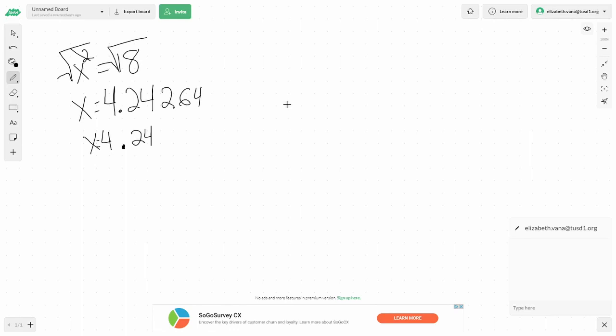One more example here. What if I had 2x squared minus 66 equals 0? I'm going to move everything around. I'm going to add 66 to both sides.